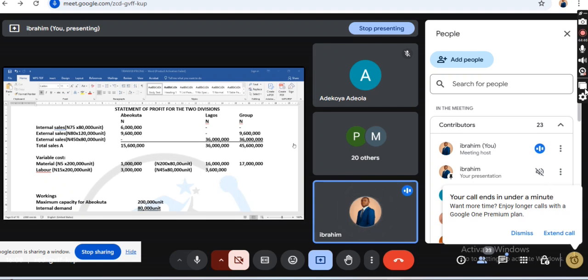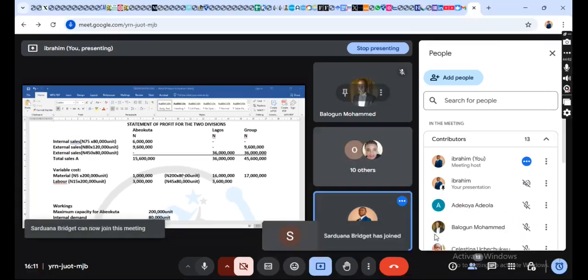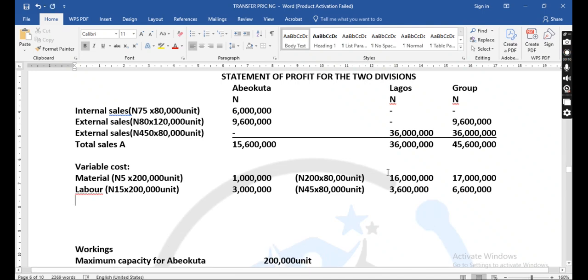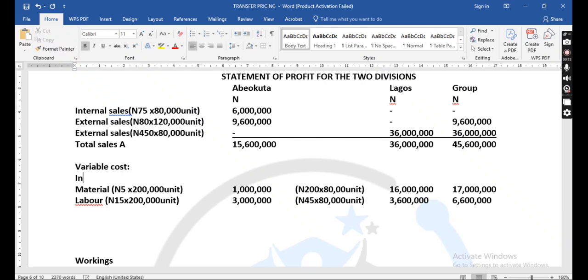So let me quickly create another link so we can continue. Please give me the figure when you add. This is 6.6 million, right? So that you will not forget, always bring in the cost first, internal sales.